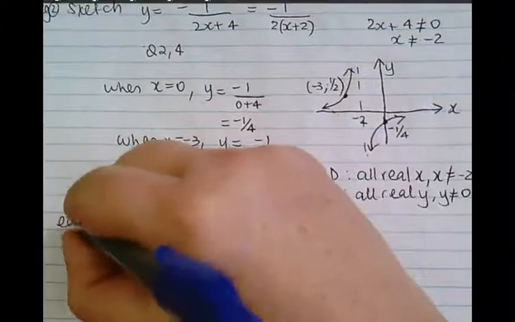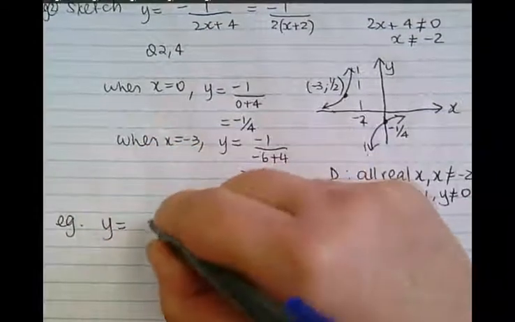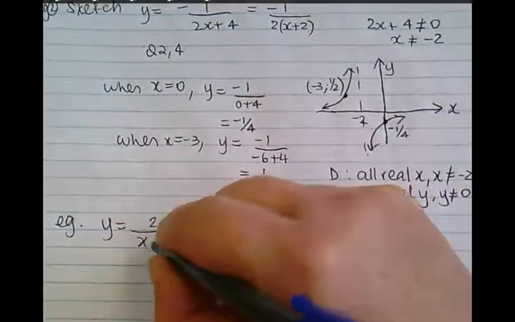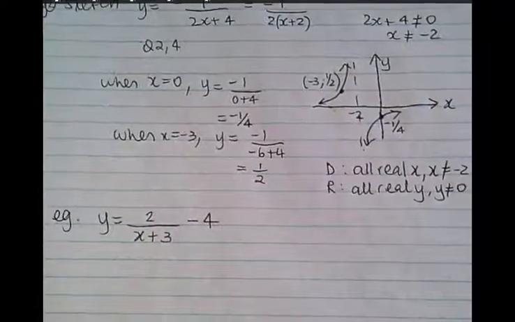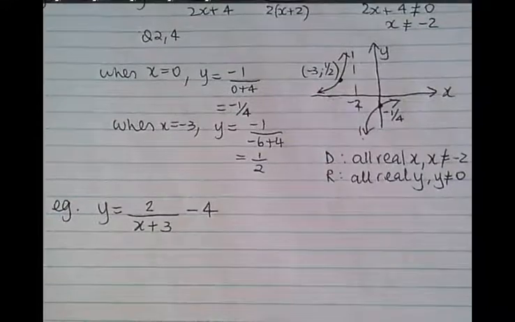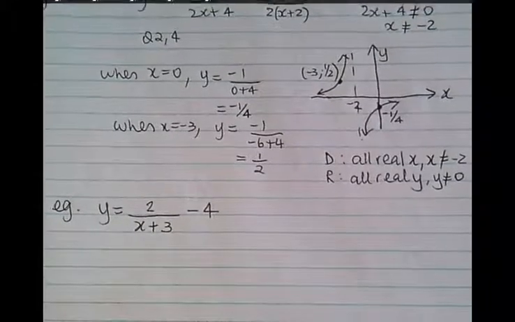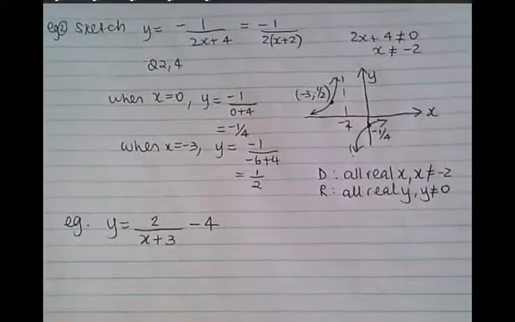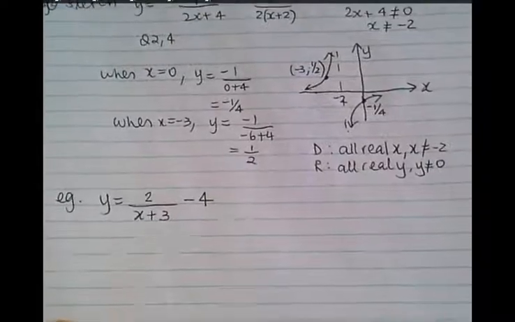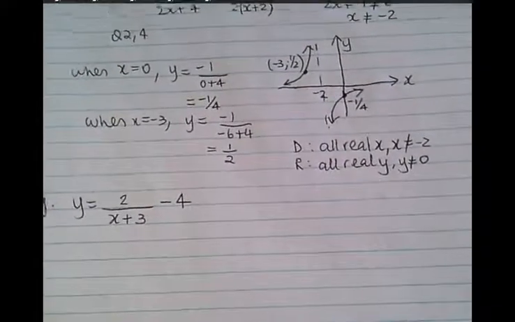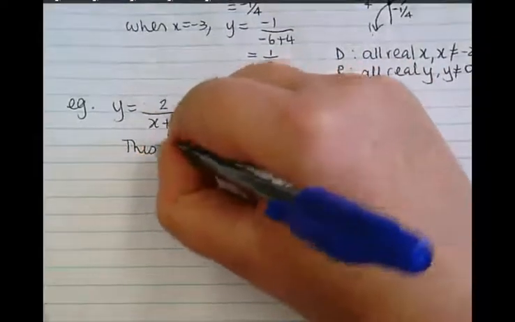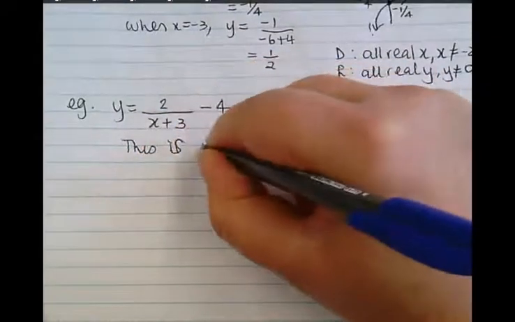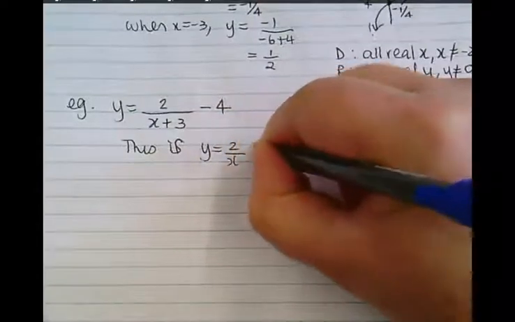Now I'm going to do one more. One more. Sketch, give me the domain and range. The last one. So this is a combination of transformations. So we need to say, right, this is y equals 2 over x shifted where?